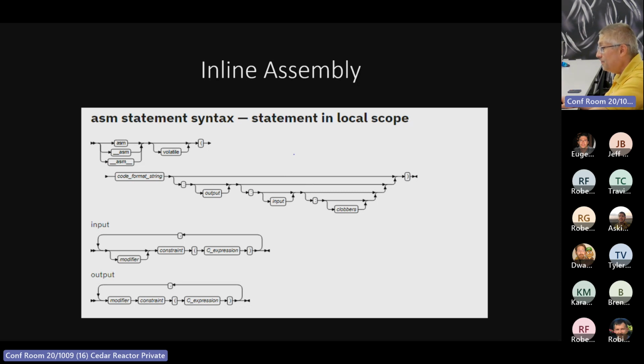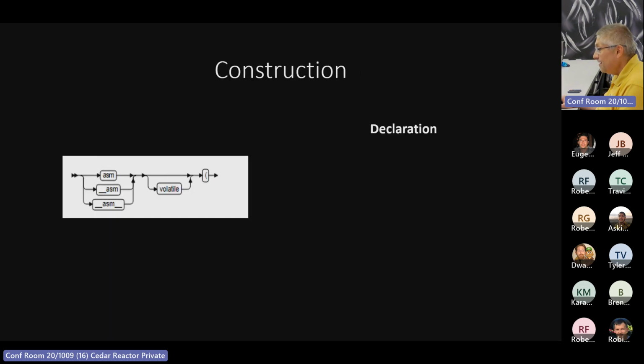And then we have the layout of how the assembly is laid out for C or C++ to say, this is what I do with this particular statement. And then we have input and output, and basically we have this nice flow of how it's constructed. So we'll go into more details about that.